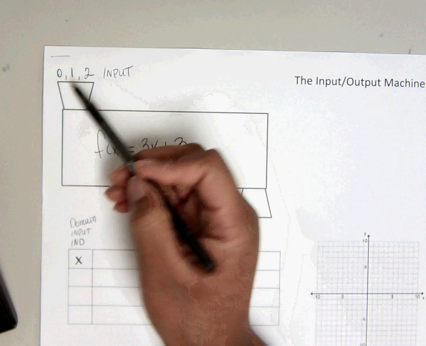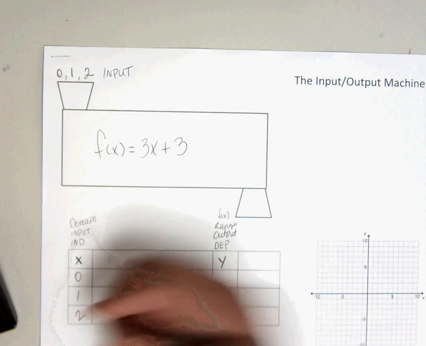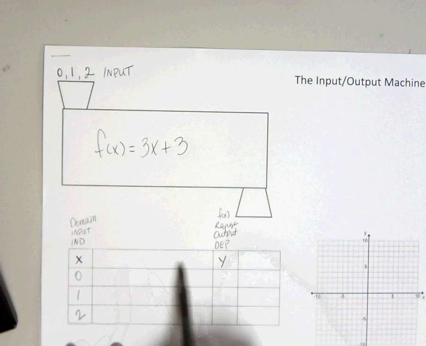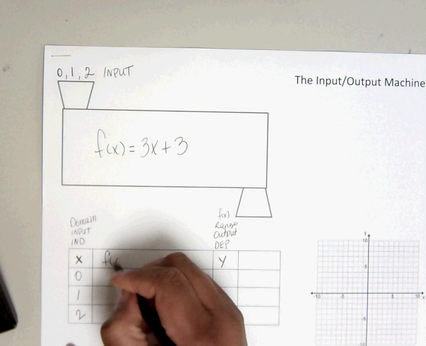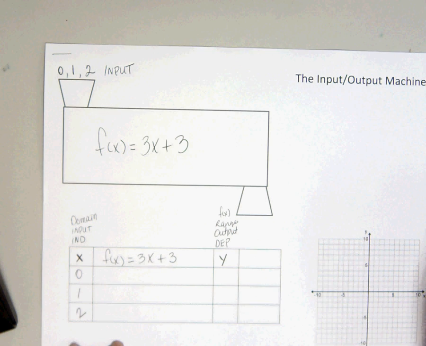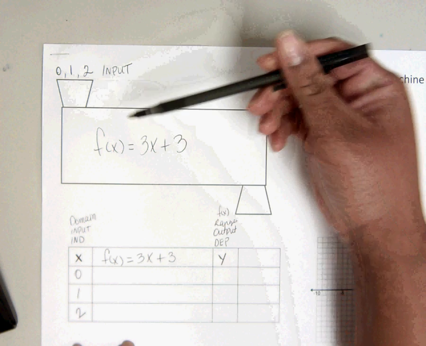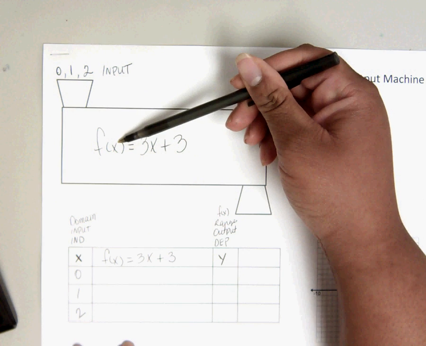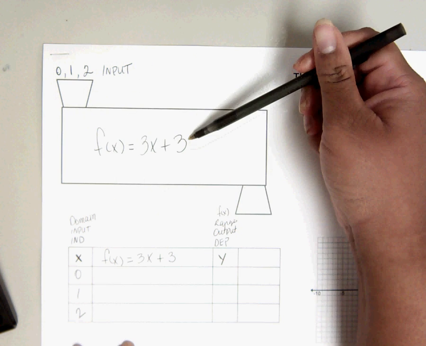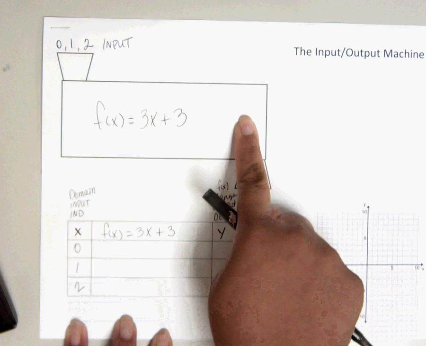Now, I'm going to use 0, 1, and 2 on my table. How do I put this into the function? Well, let's write the function here. When you put 0 into the function, into this input and output machine, this is what happens inside the machine.